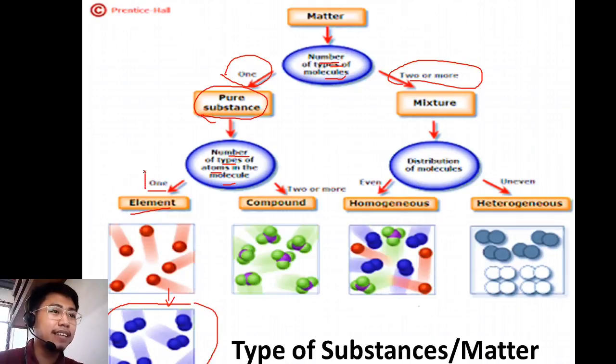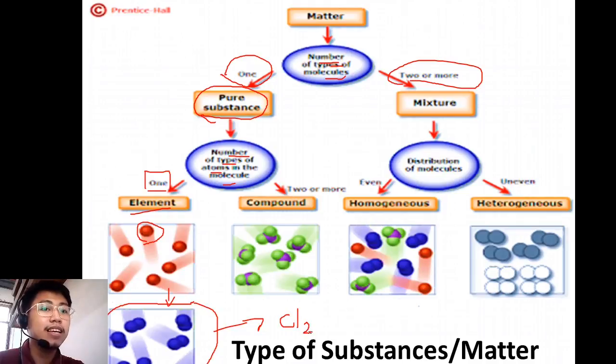When we say one type of atom only, normally we put in our mind that it's only one atom alone. But in nature, gases, for example, a chlorine gas, exists together with another chlorine element. So, for example, chlorine gas is composed of two chlorine atoms.